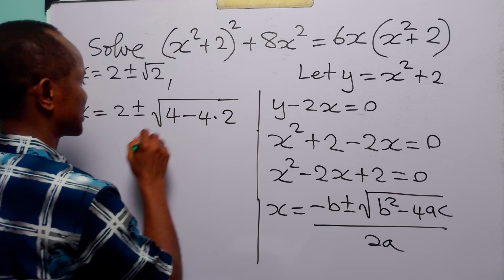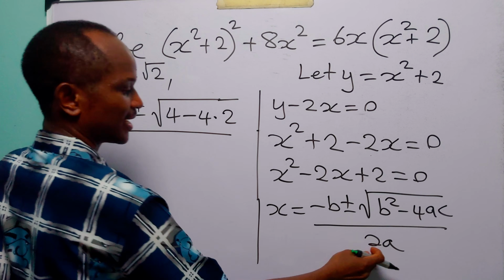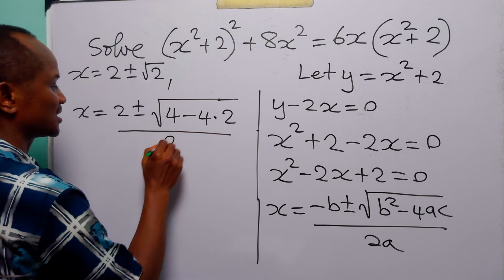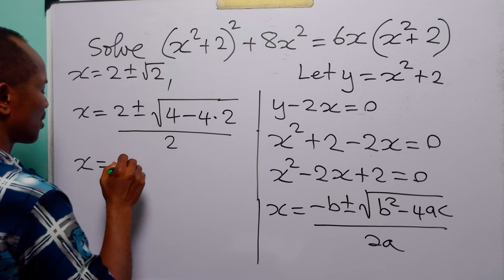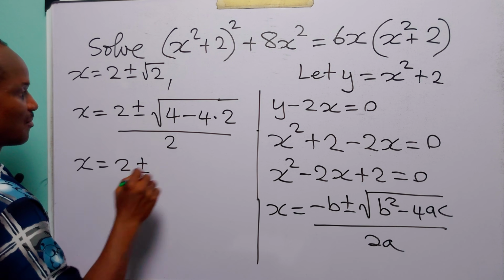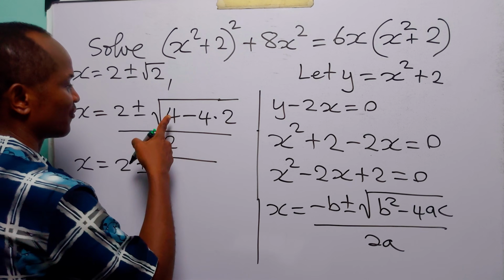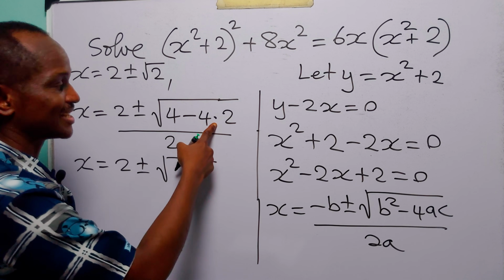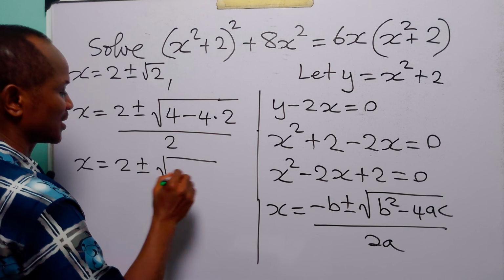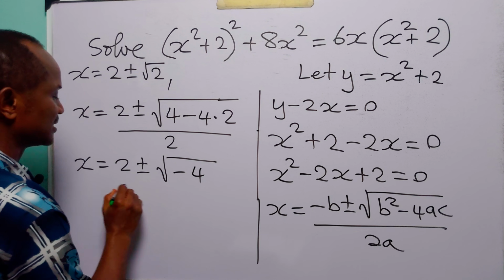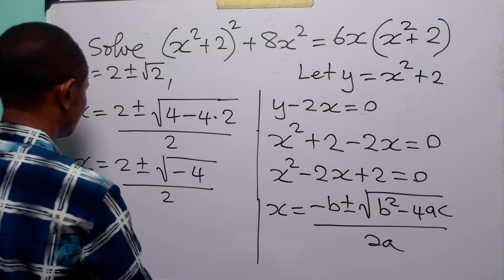So this is 4 times 2 divided by 2 times 1, which is equal to 2. We have that x is equal to 2 plus or minus the square root of 4 times 2 is 8. 4 minus 8 is minus 4. So here we have minus 4 divided by 2.